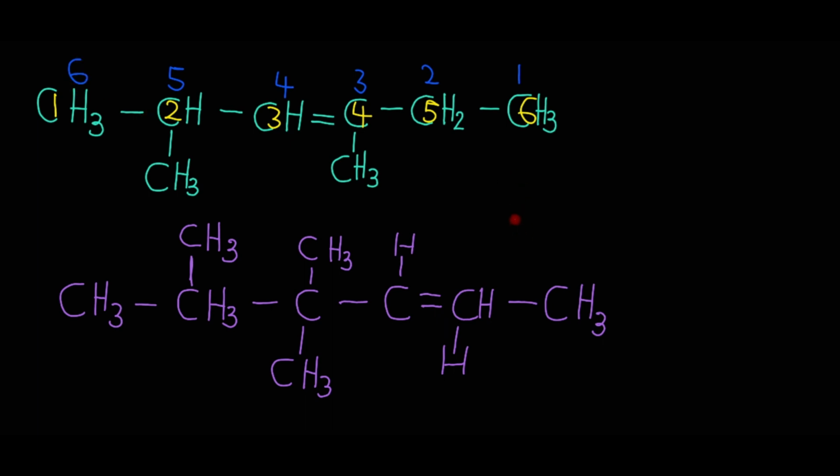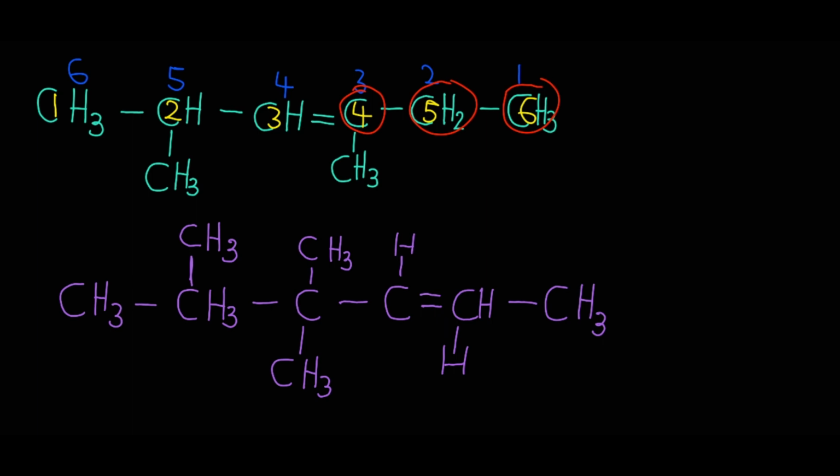So our longest chain is 6 carbons. If we move in this direction, 1, 2, 3, 4, and this one is out. And then now let's see on this one. This is 3, this is 4, this is 5, and this is 6. Still it has 6 carbons.